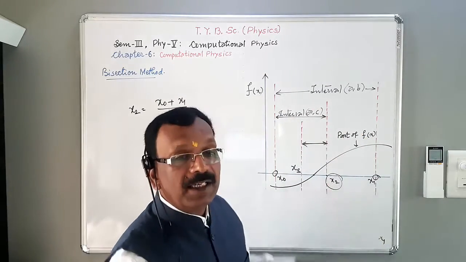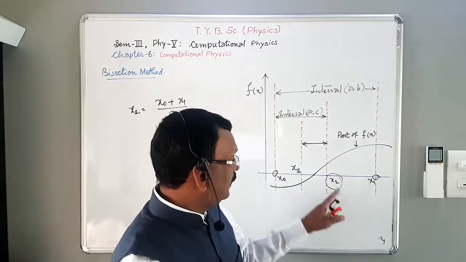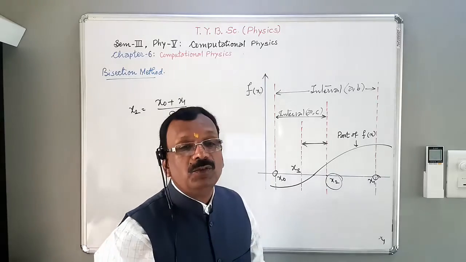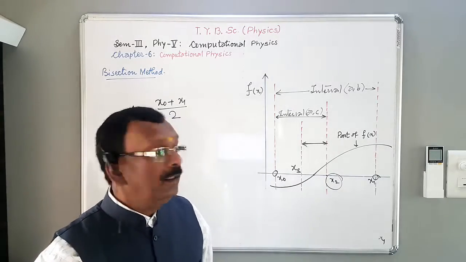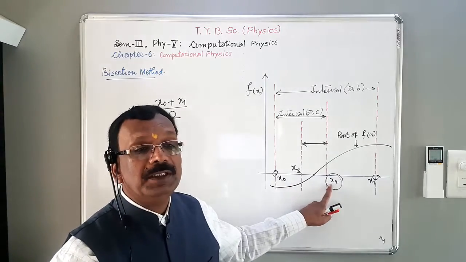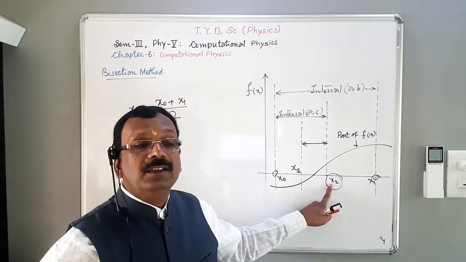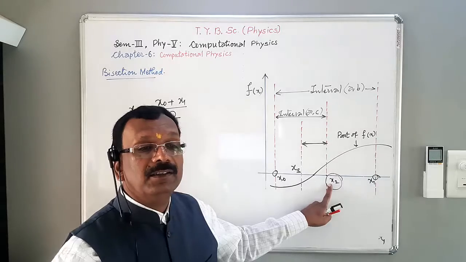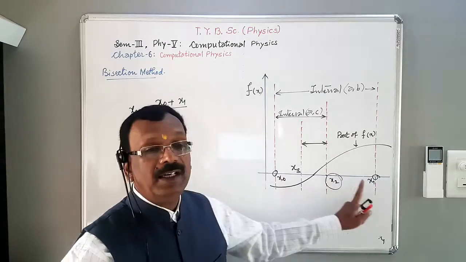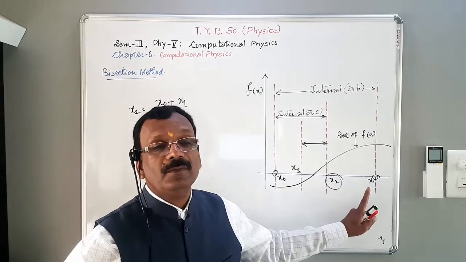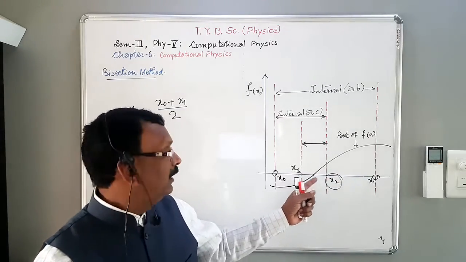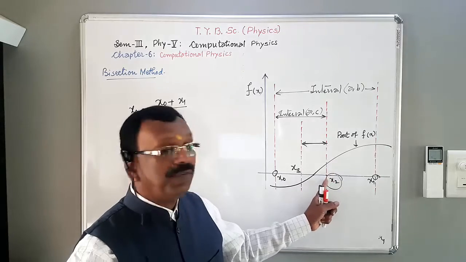This is the interval of x0 and x1 as shown in the figure. The point x2 divides the interval in half.